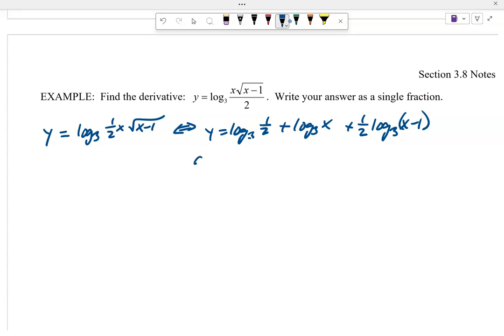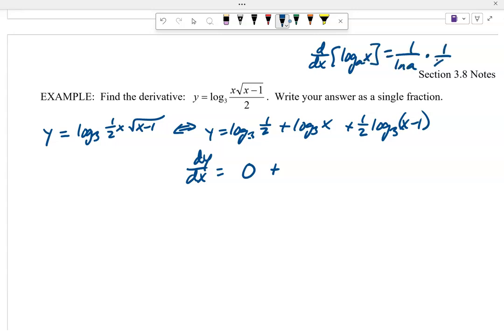And then I'm going to go ahead and take that derivative now. So dy/dx, derivative of log base 3 of a half. Well, that's just a constant, so that's just 0. Plus, again, I'm using the rule, derivative of log base a of x is 1 over ln of a times 1 over x, right?